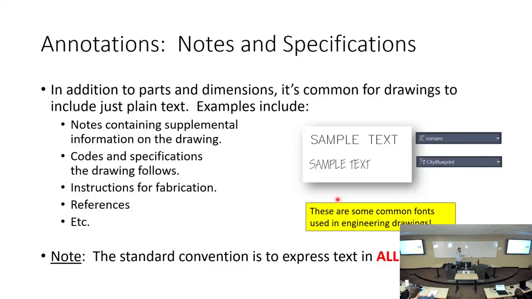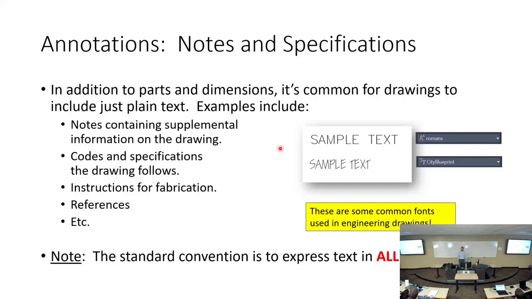I have here an image from AutoCAD. These are two really common fonts that we use in engineering drawings. You had mentioned that they are very clear. We have a very specific font class that we tend to use in a lot of our engineering drawings. Roman S is a very common font. When I first started seeing this, it reminded me of kindergarten writing practice, like this is what the letters would look like, but it actually does look pretty clear on engineering drawings, which is why it's used.